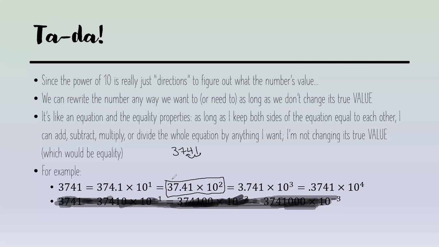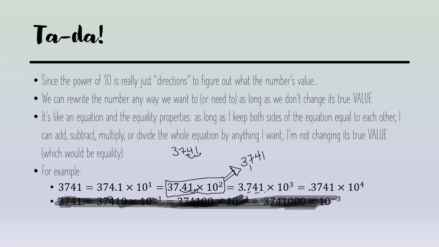And then now that I'm here, I'm going to go back to my original number. Well, that means I'm going to have to multiply by 100 because I took two place values away. Now I want to add them back. So I multiply by 100 and I get back my original number. Same thing here.